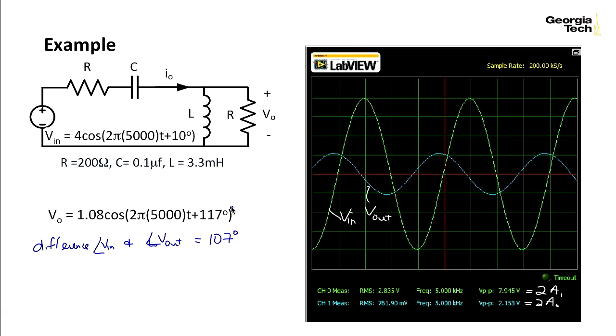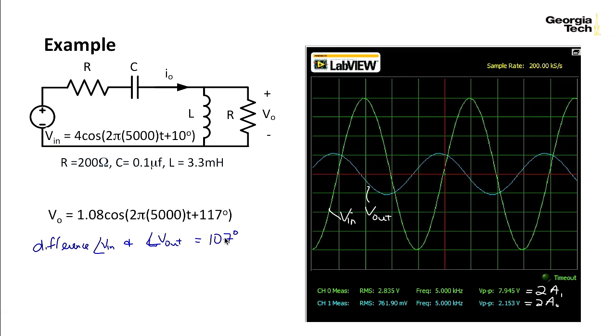The reason is, if I take this as a reference point, there's no time equals 0 here, so it's hard for me to measure 10 degrees on the V input. It's easier for me to measure the difference between these. Notice that it's 107 degrees, and this is a positive angle compared to this one. That means V out is shifted to the left by 107 degrees.